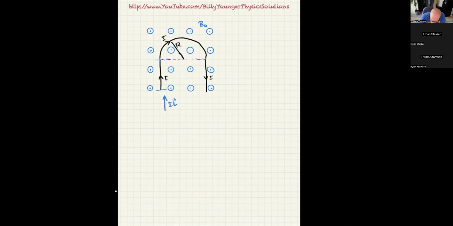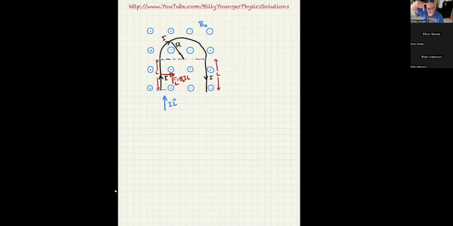So I'm going to write right here that this is the force on the left part of the wire, and its magnitude is B0IL, where this distance is L. Now notice this distance over here is also L, and this current carrying wire is also carrying a current I, and the magnetic field is also B0.